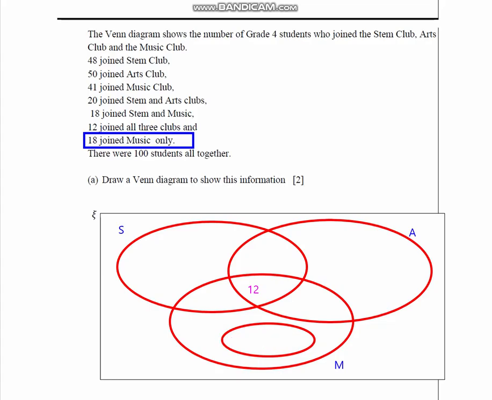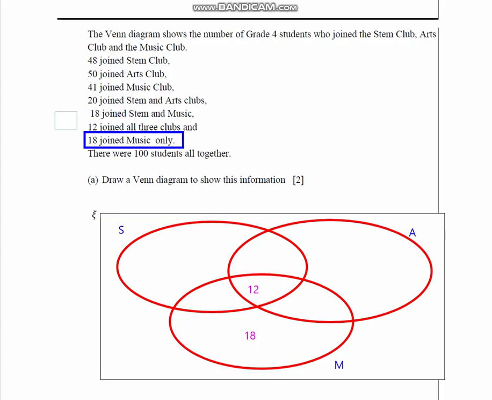That part is representing our music. So let's just write in the correct value, which is music only. It's represented by a total of 18 students. 18. Now what else can we put in directly?